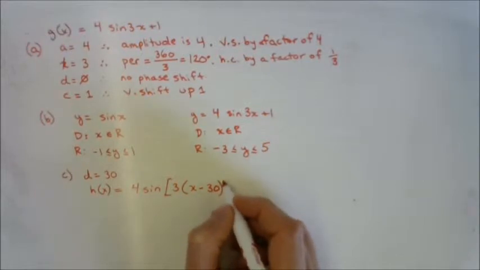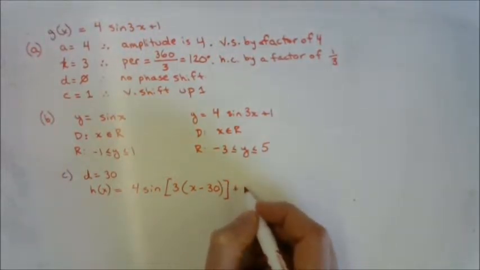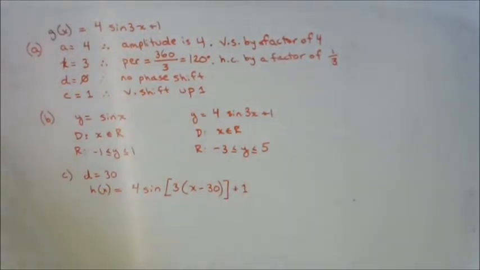X minus 30 is still plus 1. Well, that was pretty good. Let's graph it. So extended table of values again, using our new h of x. Okay, we're going to graph h of x.